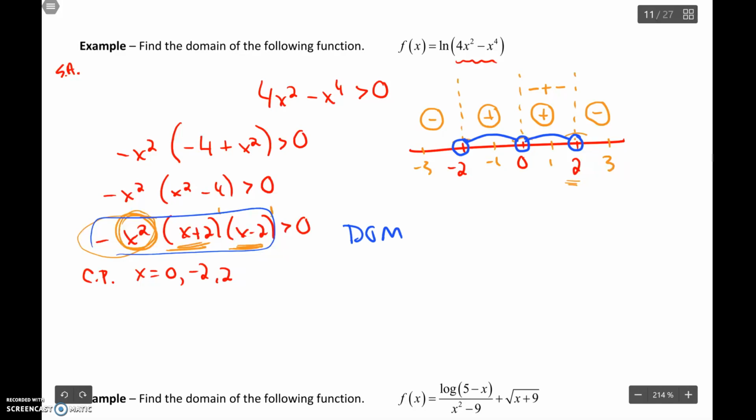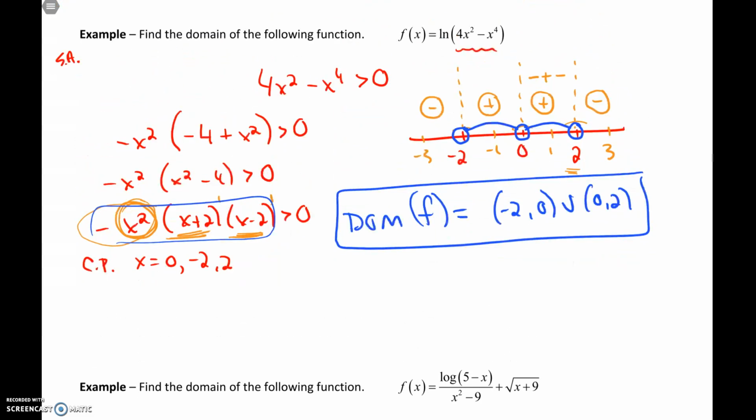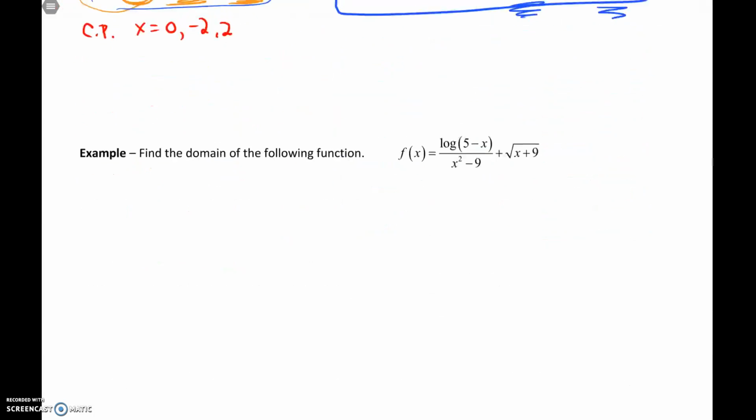So the domain of f is exclusive -2 to 0 in union with 0 to 2, okay? You should graph this in your calculator. I bet you will only see the graph on these intervals, and you won't see anything else.